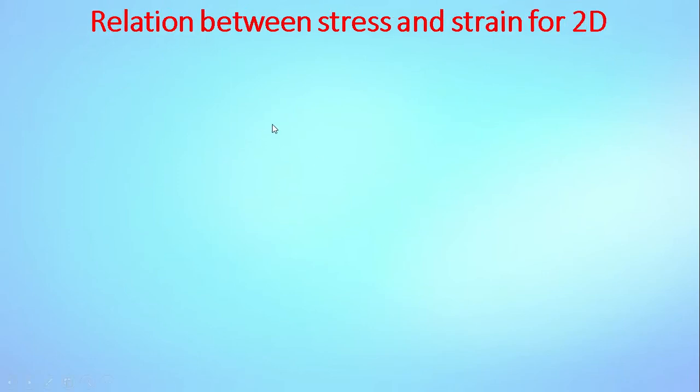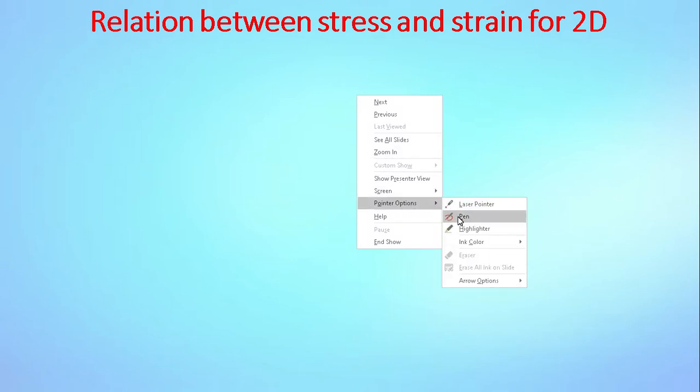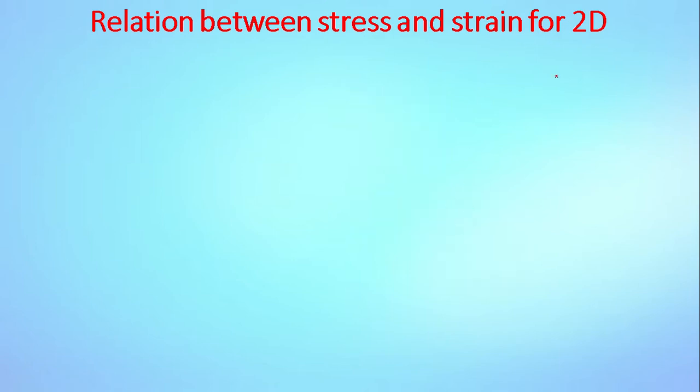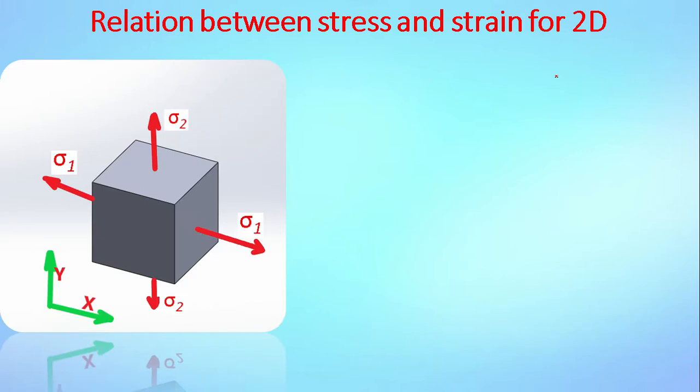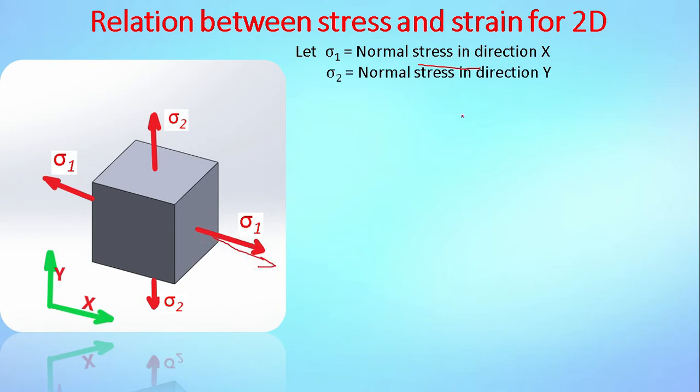In this slide, we will see the relationship between the stress and strain for two-dimensional stress system. Suppose one block, let sigma 1 is a normal stress along the direction x, and sigma 2 is a normal stress along direction y.